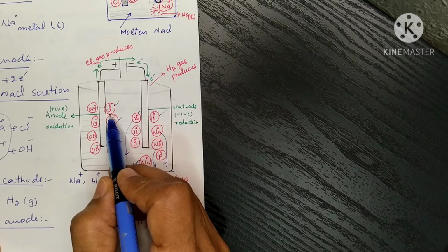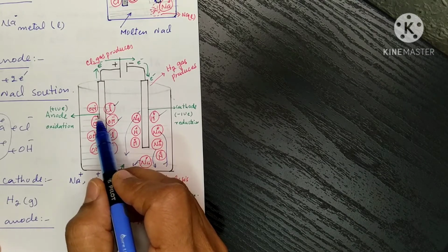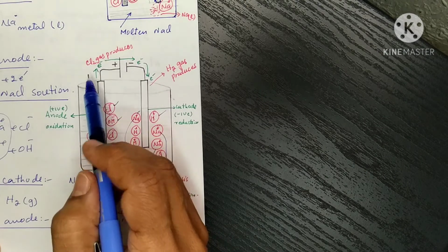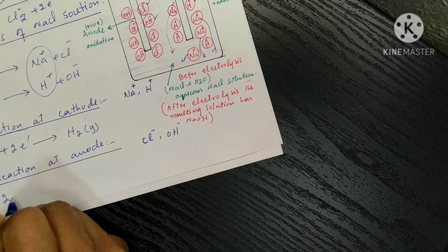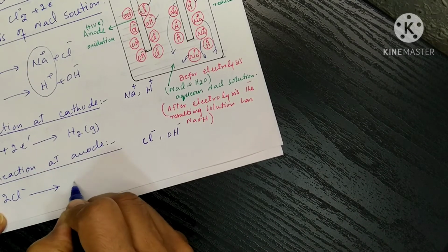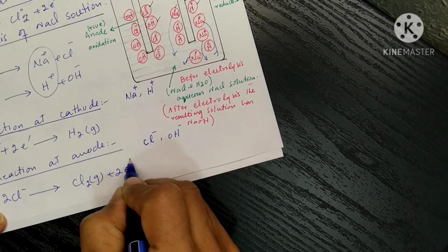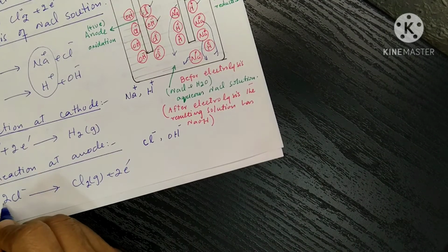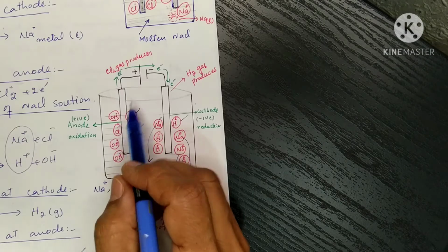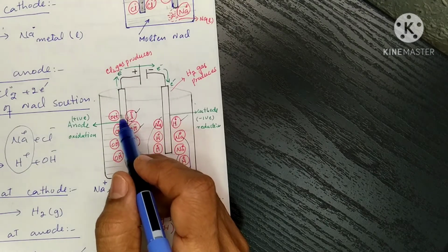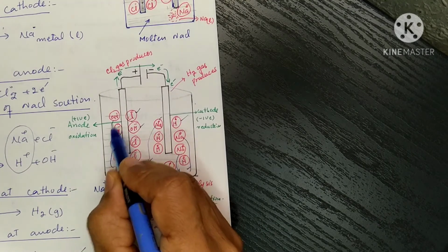Chloride ions will release the electron here, get oxidized and convert into chlorine gas. The reaction will be like this: chloride ions will convert into chlorine gas and release 2 electrons. Each chloride ion releases 1 electron, and 2 chloride ions release 2 electrons. Chlorine gas will release at the anode, and hydroxide ions will remain in the solution.